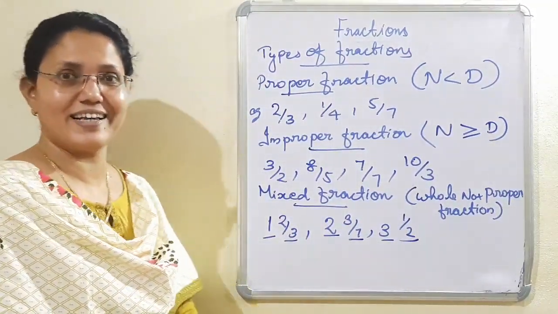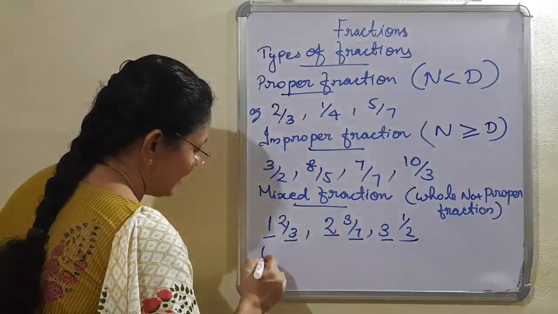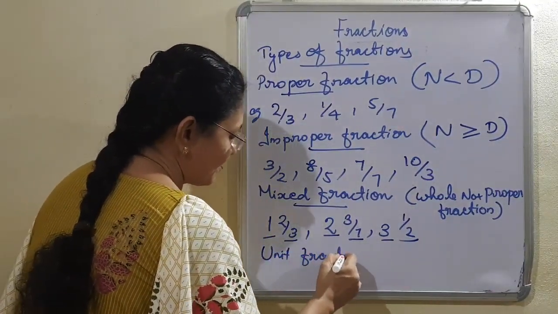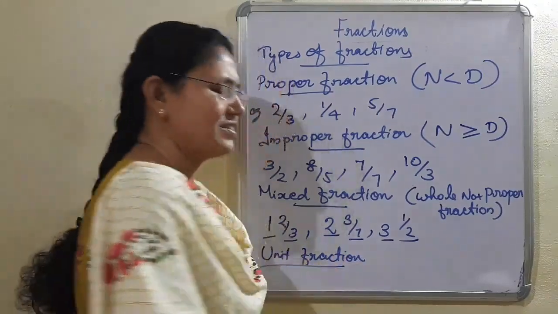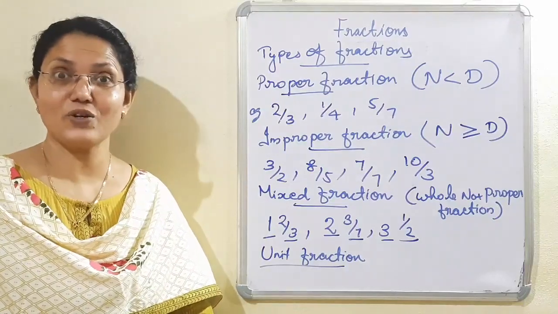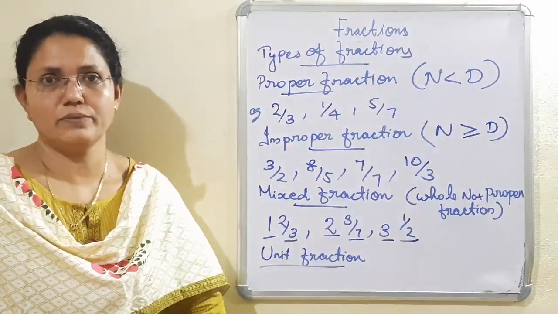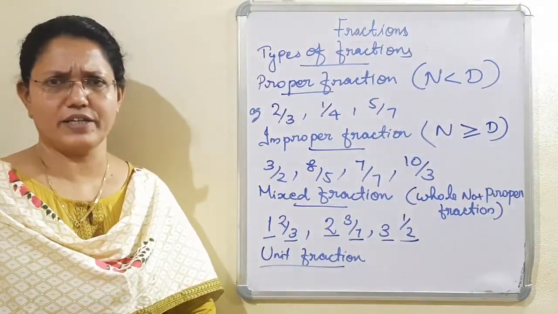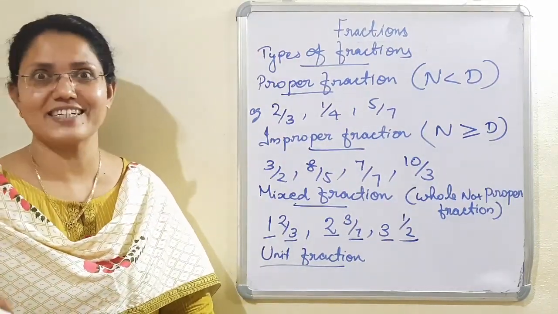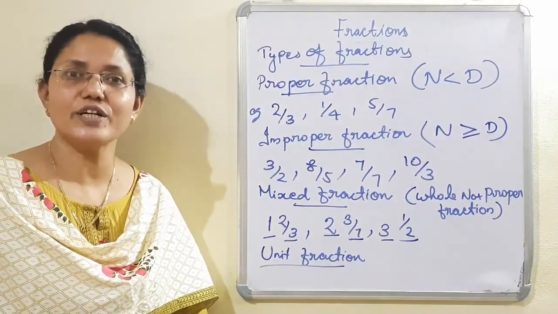The last one is unit fraction. What is unit fraction? Yes, if the numerator of a fraction is 1, denominator any number we can have. Where the numerator of a fraction is 1, then the fraction is known as what? Unit fraction.